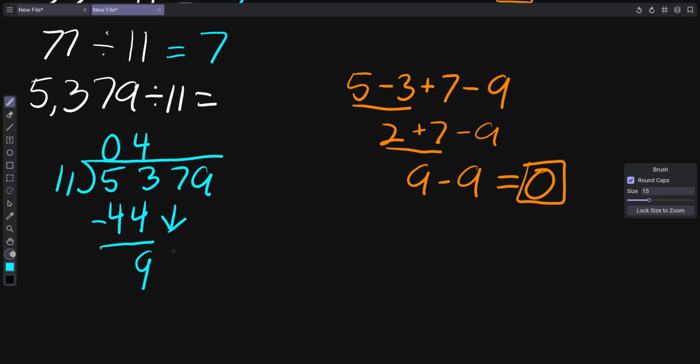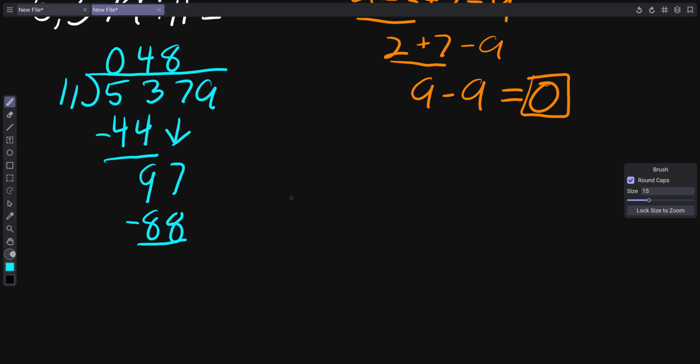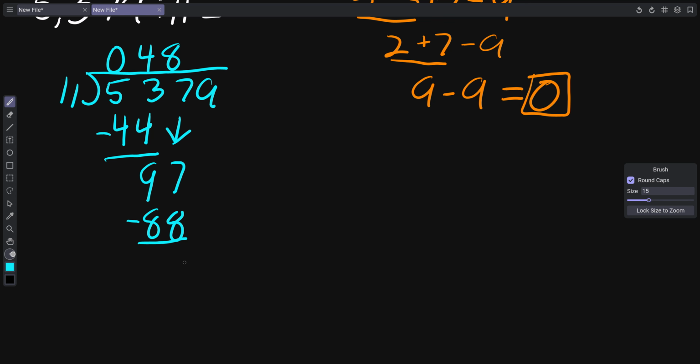We drop this 7. 11 can go into 97 8 times. And 8 times 11 equals 88. 97 subtracted by 88 is going to equal 9, because you have to take 1 from here.